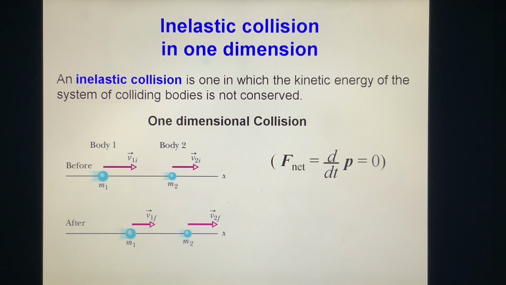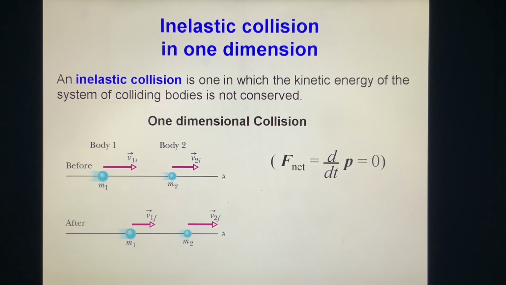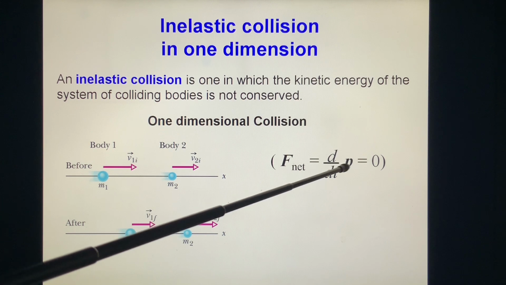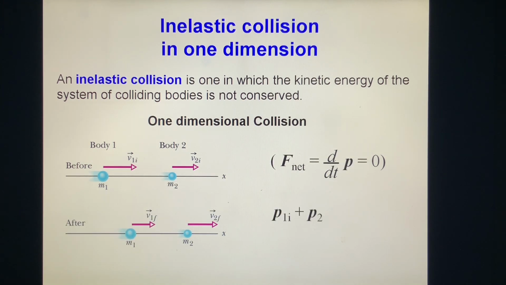And in this case, besides these two bodies, nothing else happened. So we see F net is equal to 0. In other words, the linear momentum P of this system is constant. P1 initial plus P2 initial equals P1 final plus P2 final.